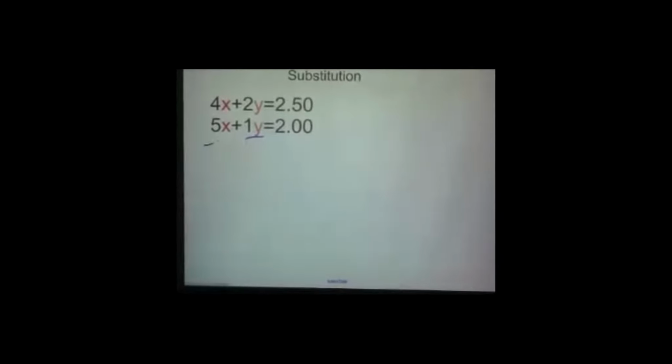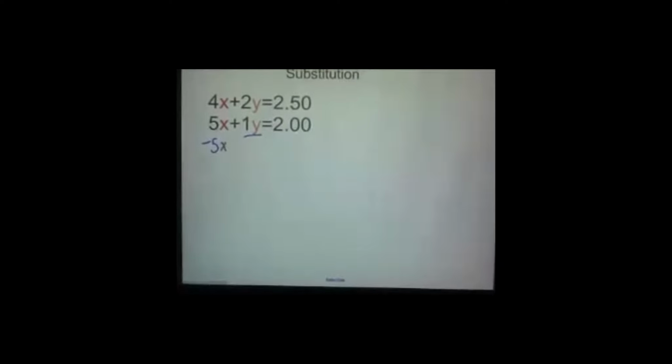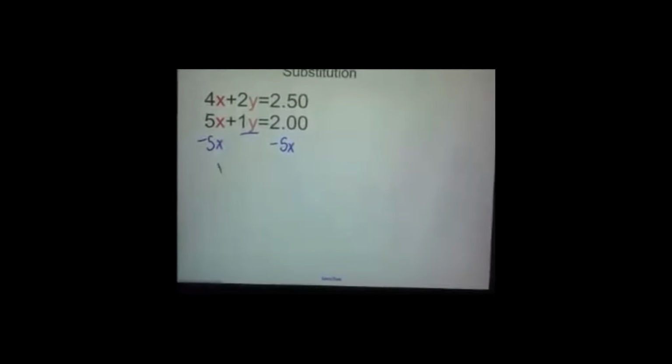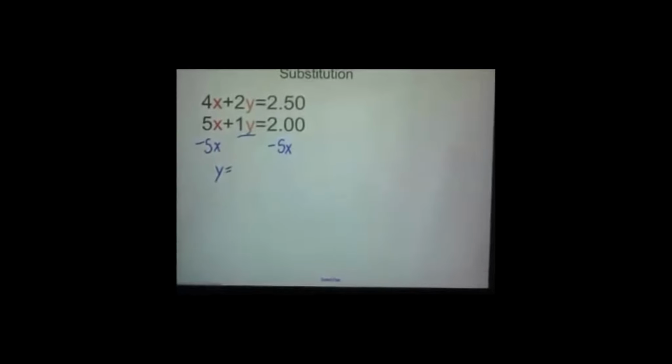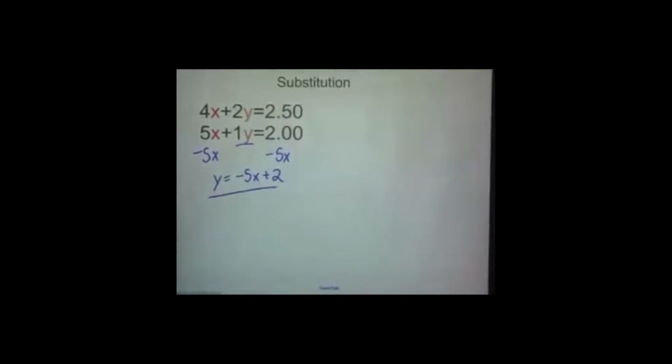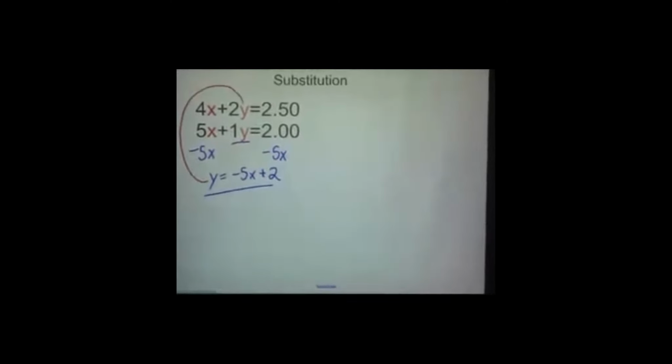So if we subtract 5x over, we would get y equals negative 5x plus 2. So now that we have y by itself in this equation, we can go ahead and substitute that in for the y given in the other equation.